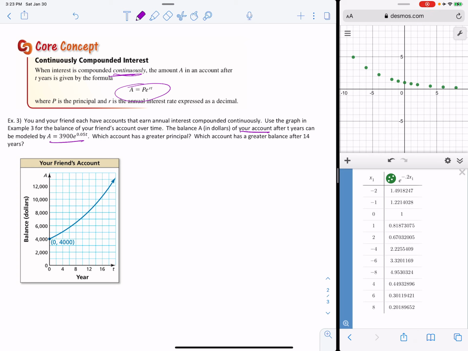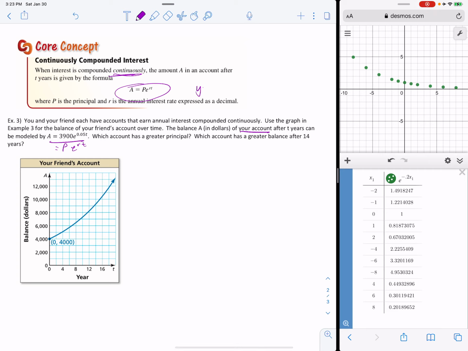And by the way, you can see that this is your P e to the rt, your principal, 3,900. e is your base for compounding continuously, and you raise that to your rate. So 0.05 means it's a 5% annual rate, and then t is your time in years. So that's that P e to the rt. And so it says, which account has the greater principal?